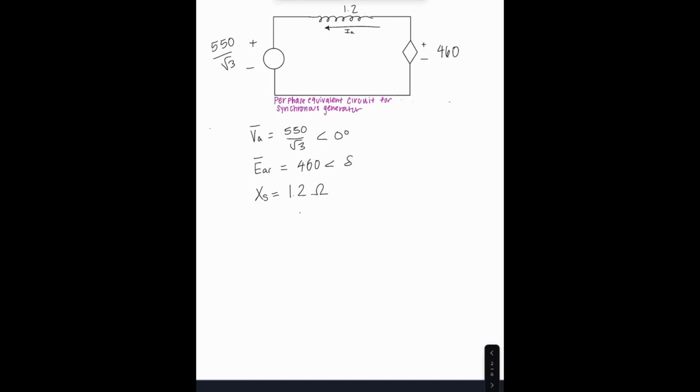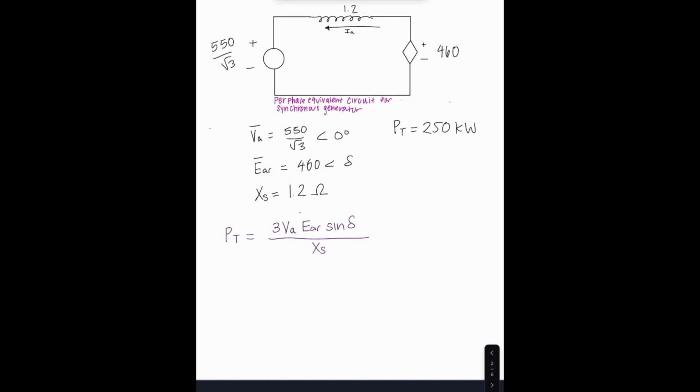We also know that the total power is 250 kilowatts. On top of this, we should know the formula that the total power is equal to 3 times the magnitude of the per phase voltage, times the excitation voltage, times the sine of delta, divided by the synchronous reactance.